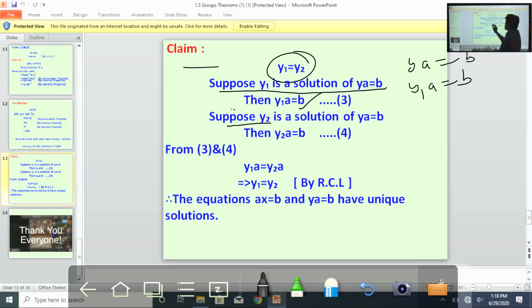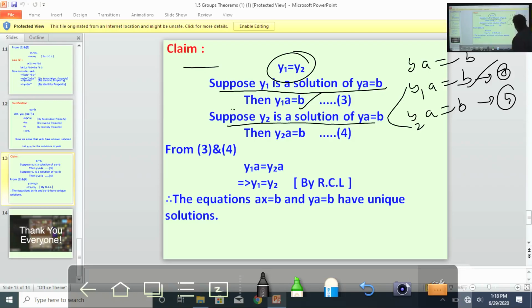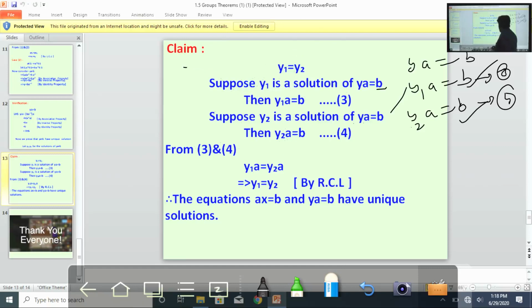Suppose y2 is a solution: y2 a = b, this is fourth. You observe 3 and 4: the RHS are the same. So equating the left hand sides from 3 and 4, by using the right cancellation law, y1 = y2.